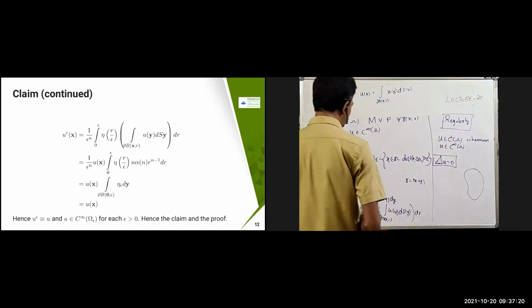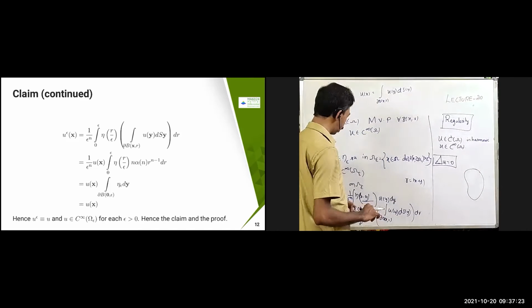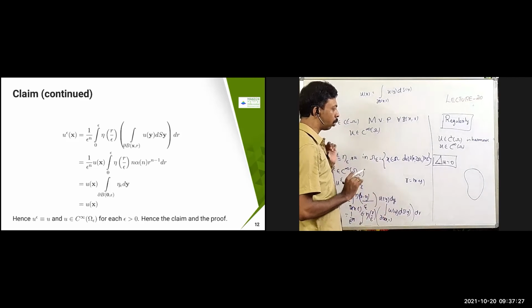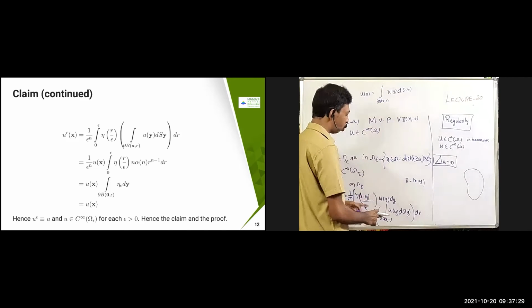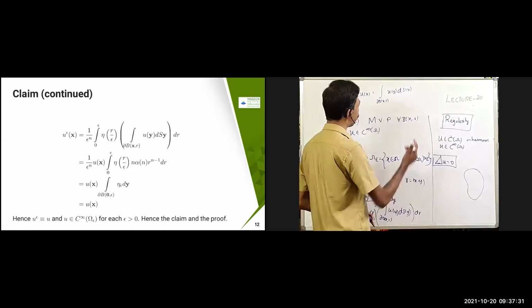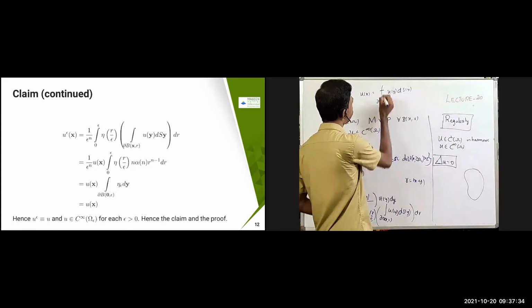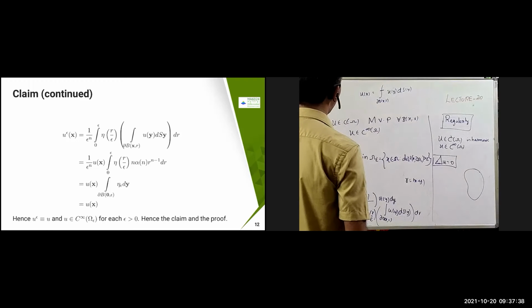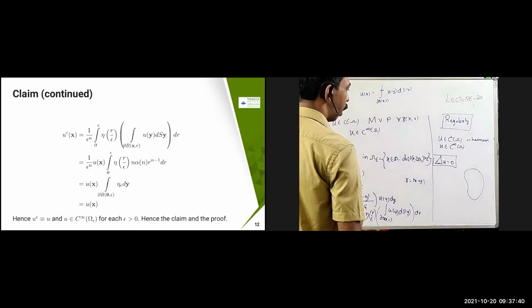So dou b of x comma r is there, right? I'm just going to apply u epsilon of x. This one I'm just going to replace again. Sorry, this is dou b of x comma r. So this is the one we have, dou b of x comma r, u of y dsy.